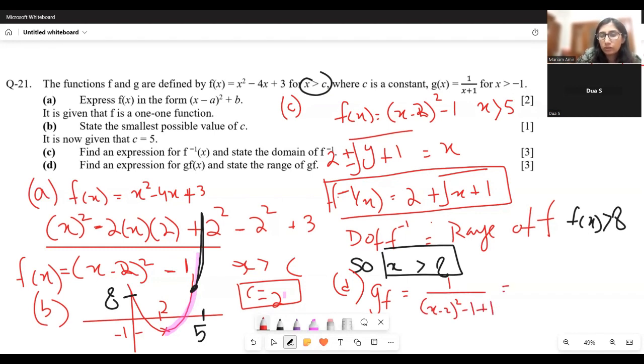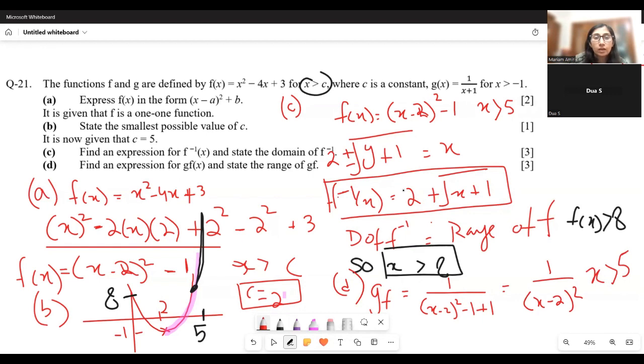So gf is 1/(x − 2)², where the domain of gf is the domain of f, and the domain of f is x greater than 5. That is the domain. So that is gf.